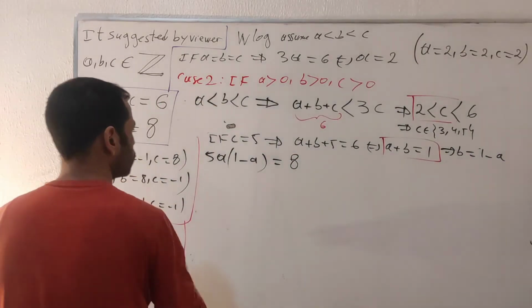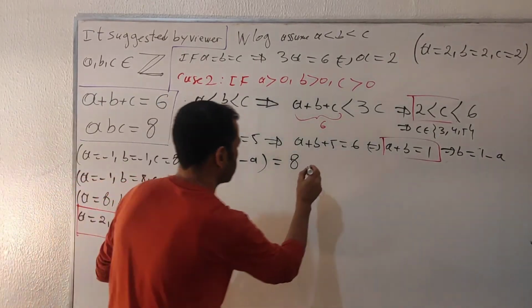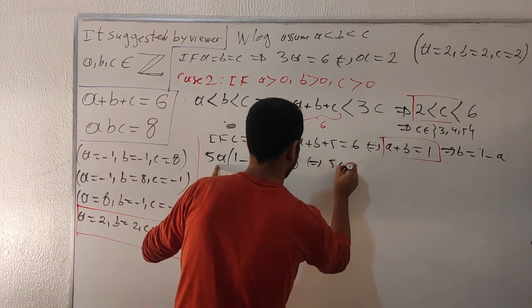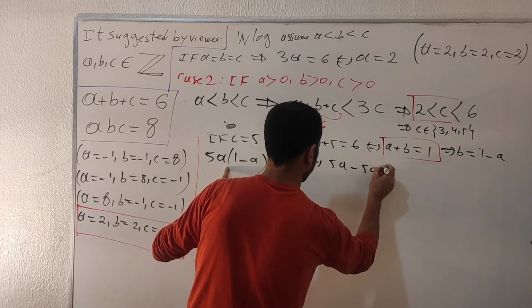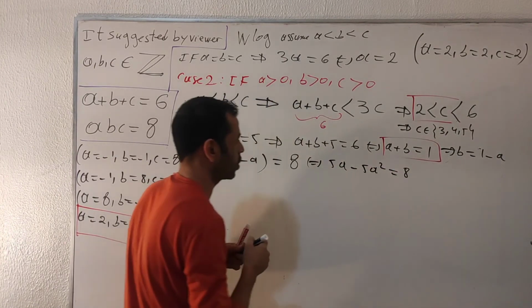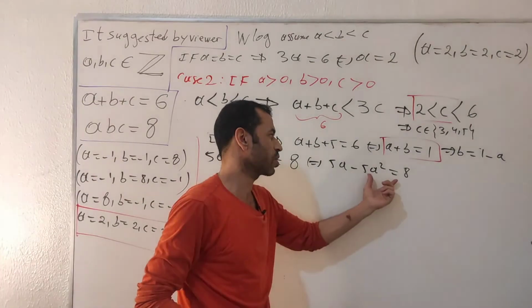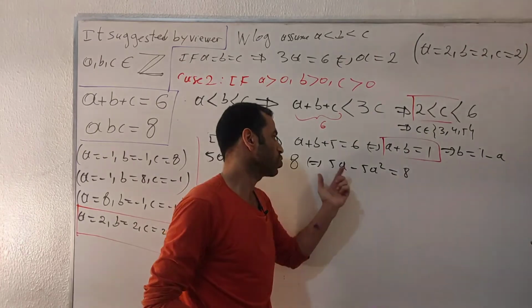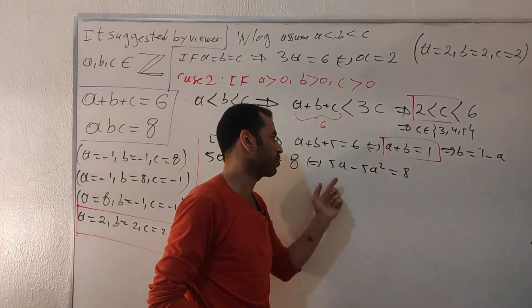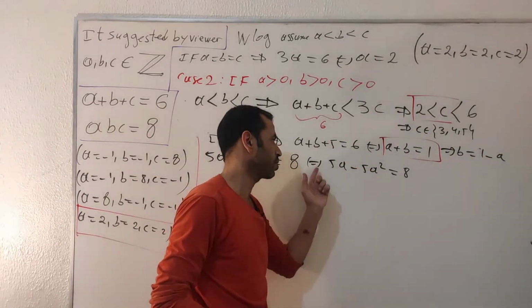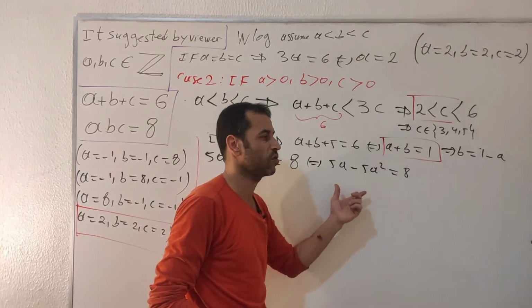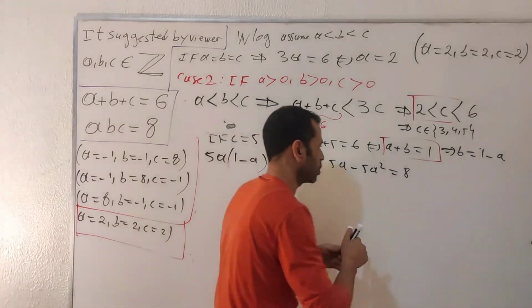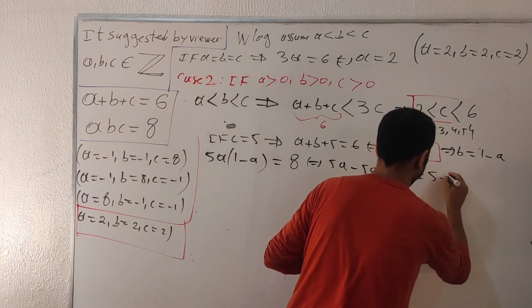I'm going to distribute this one out. I get 5A minus 5A squared equals 8. If I use the congruence notion here, it will be easier to prove this one. So I'm going to reduce this one to mod 5, since we have 5 as a common multiplier on the left hand side of this equation. This 8 is the same as 5 plus 3.